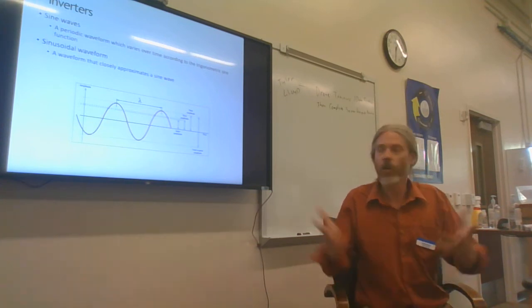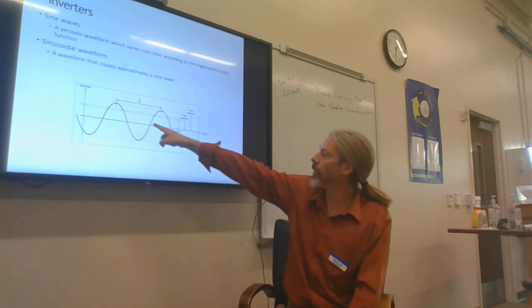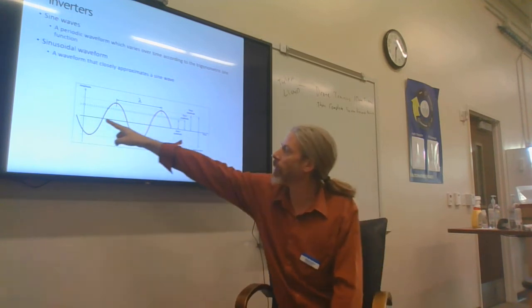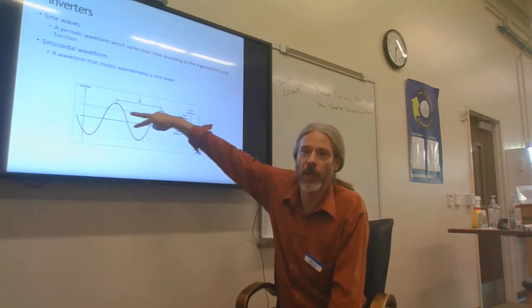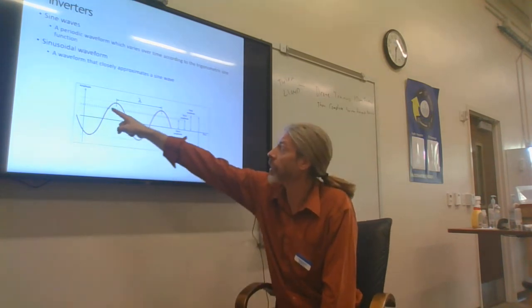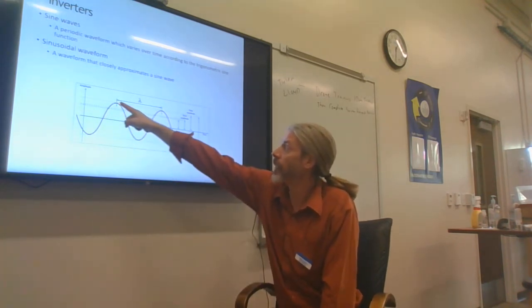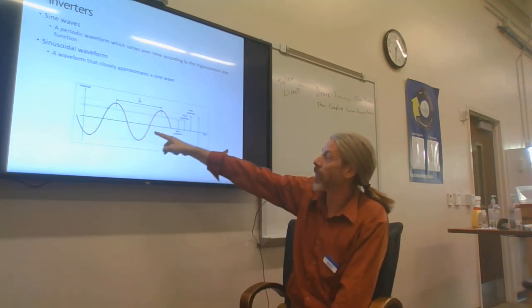A little more? Why does that happen? Because right here there is no work being done. Right here there's no work being done. Right here there's no work being done. And all this space close to that, there's very little work being done. Why? Because there's very little voltage. I start at 0 volts and then I increase all the way up to my peak and then I decrease all the way back down to 0. And then I go to my negative and I go to 0.